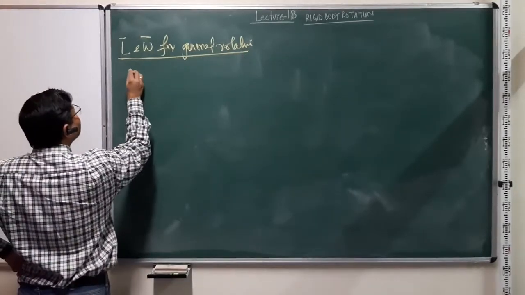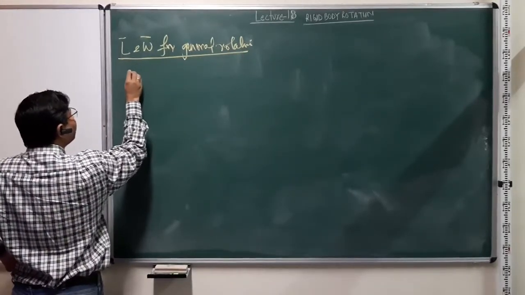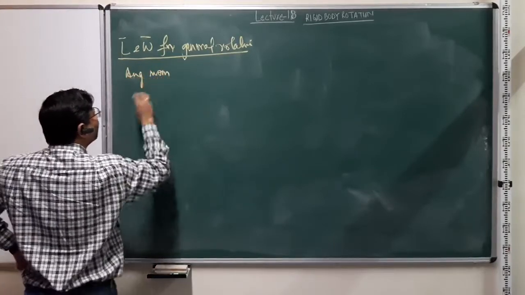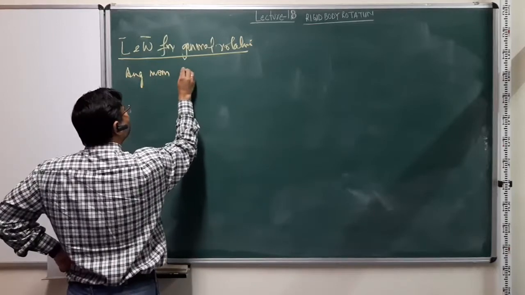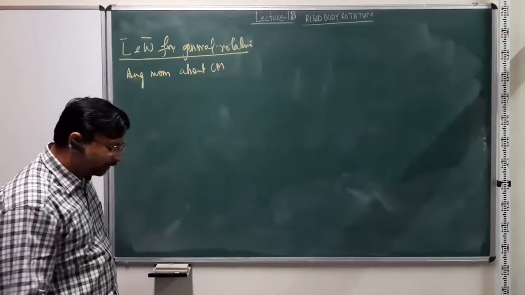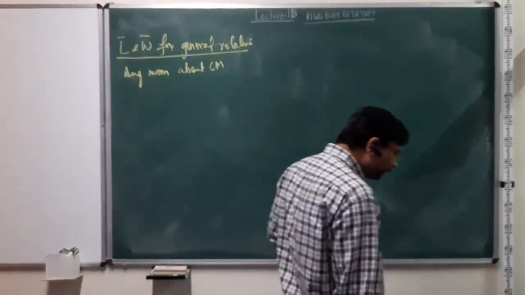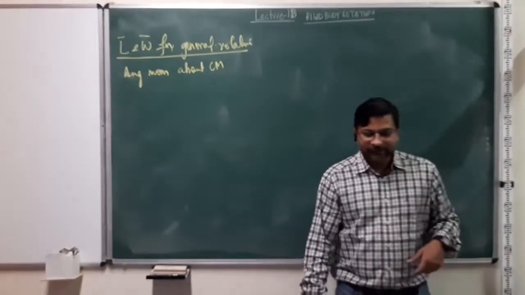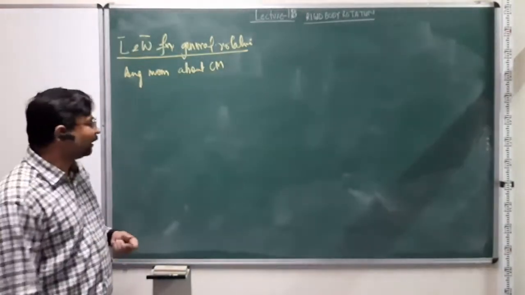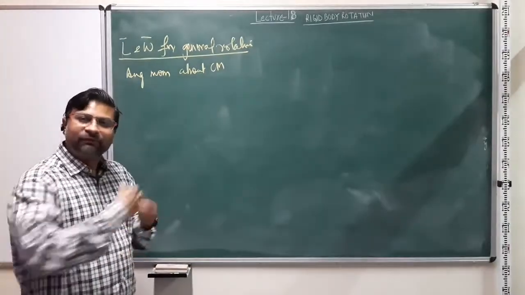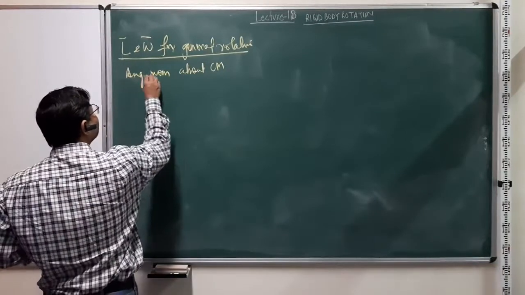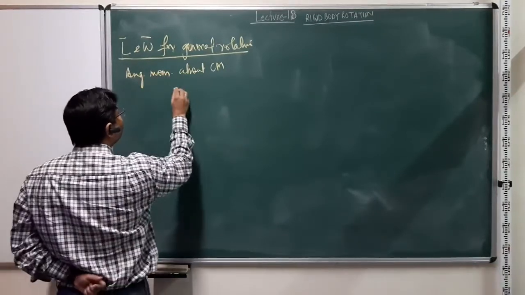Let us first write down the definition of L: the angular momentum about the center of mass. We know that for any given rigid body we can write the total angular momentum as the angular momentum of the center of mass plus the angular momentum of the body about the center of mass. Problems with angular momentum of the center of mass are straightforward and can be solved, so we are mainly interested in finding the angular momentum about the center of mass.